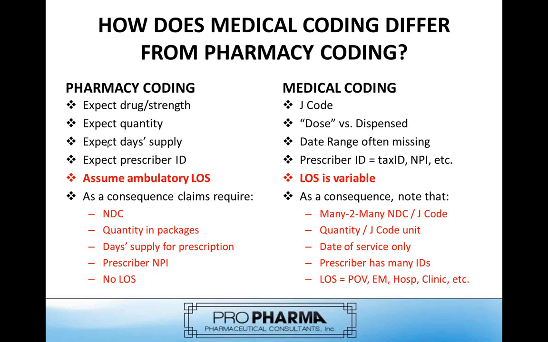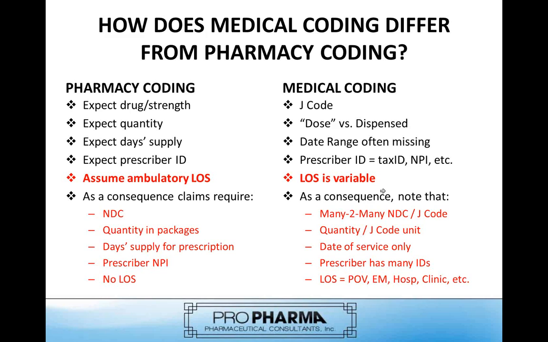And it is based on not the package or the quantity that was dispensed, but rather something of a dose or a fraction of a dose for what was actually administered. There's frequently a date range problem in that there's one date and it doesn't show the entire date, and so you have a difference in the day's supply. The prescriber ID used to be more frequently the tax ID, now is the NPI number or the national provider number.